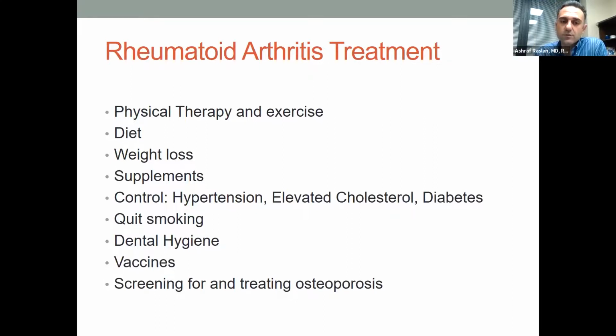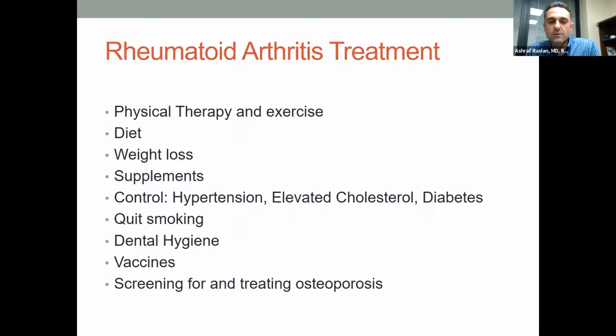Dental hygiene is important. Doing regular dental cleaning to make sure there is no chronic gum disease is also helpful. We want our patients with rheumatoid arthritis to take their vaccines, because with autoimmune diseases there is usually an increased risk of infection.